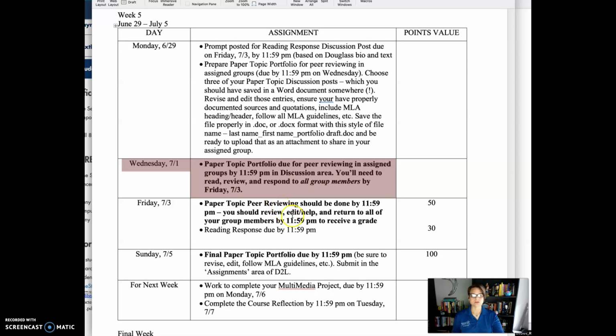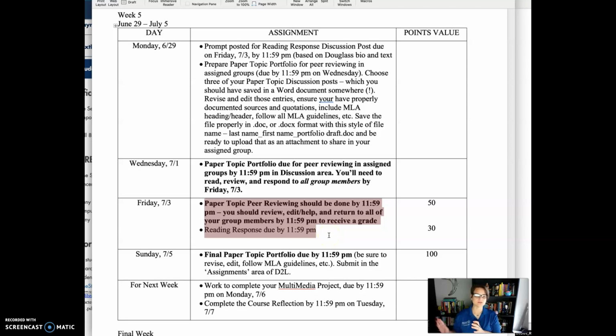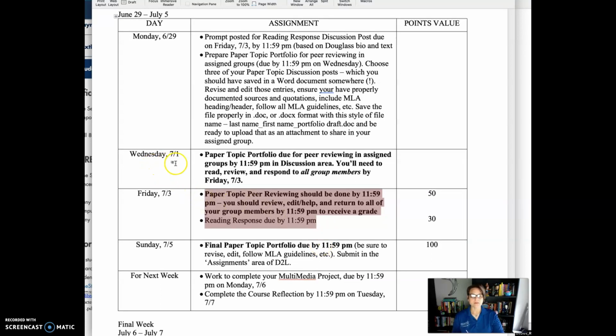So then it shows here that by Friday you should post that review information to one another, and I'll have more specific instructions when this comes around, but I just want you to keep in mind our timeline, that this is in week 5, right? After the posting on Wednesday and then you sharing your review and feedback by Friday, your final paper topic portfolio is going to be due on Sunday, July 5th.